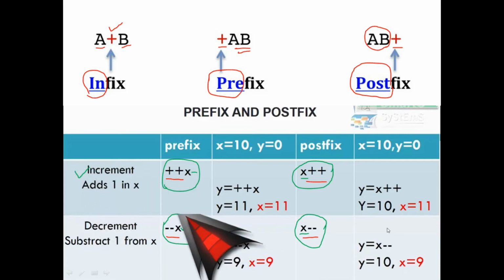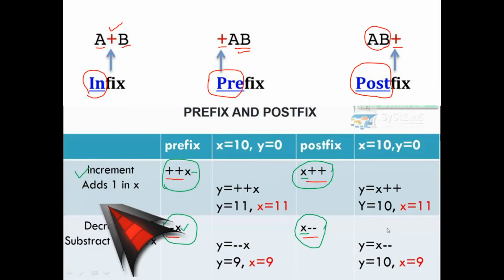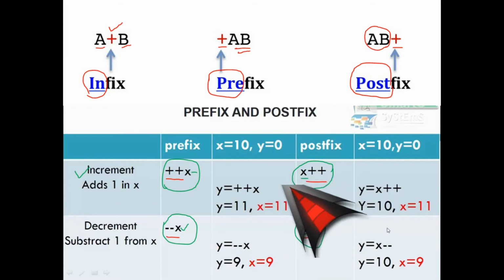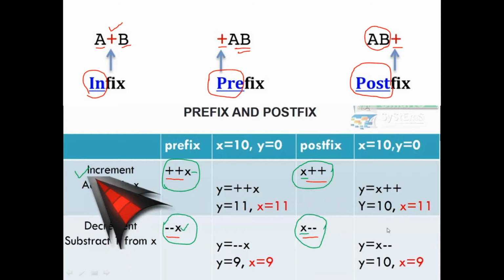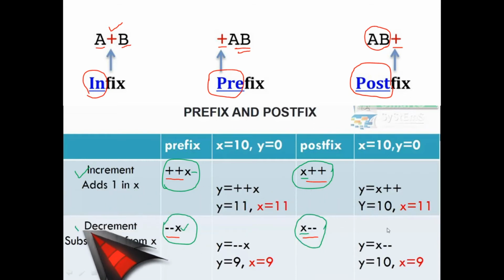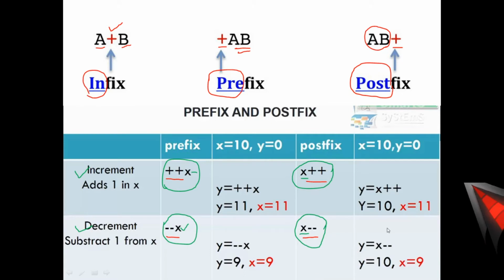Similarly, minus minus means the value is decremented by 1, only by 1, the same for prefix and postfix, but with a slight difference. Now we will look at what this difference is.